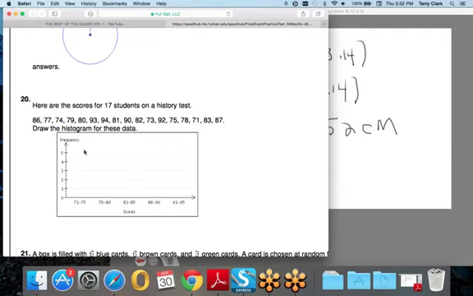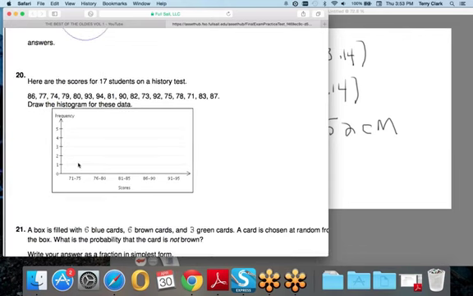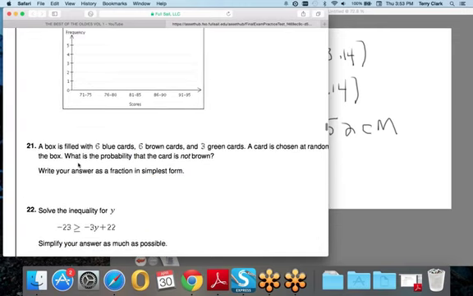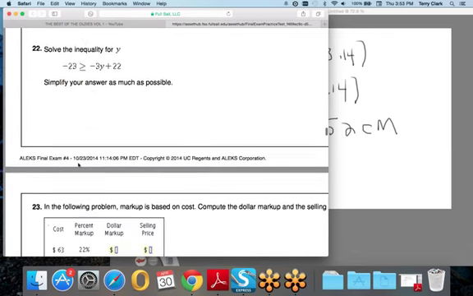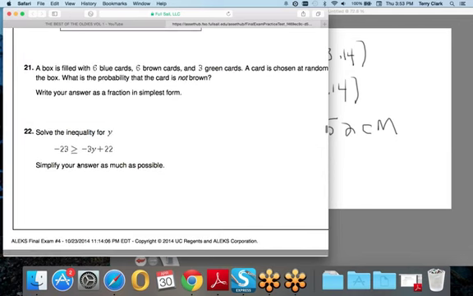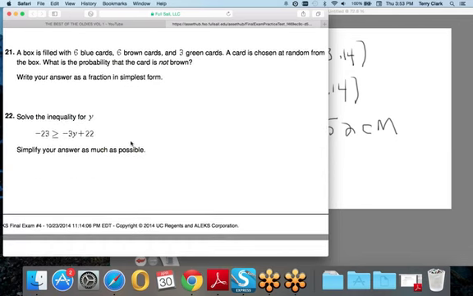We just have to figure out how many go between 71 and 75. We can look at that one right quick and see there's 1, 2, 3, 4. So 4 are going to go between 71 and 75. So we just look on the left and put the frequency for 71 to 75 there. All right, so I'm going to try to do 21 and 22, and I think we're going to almost be out of time after 23.